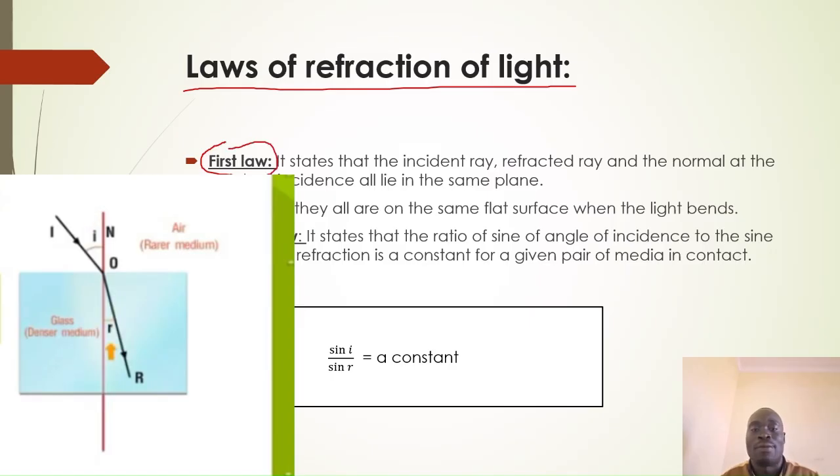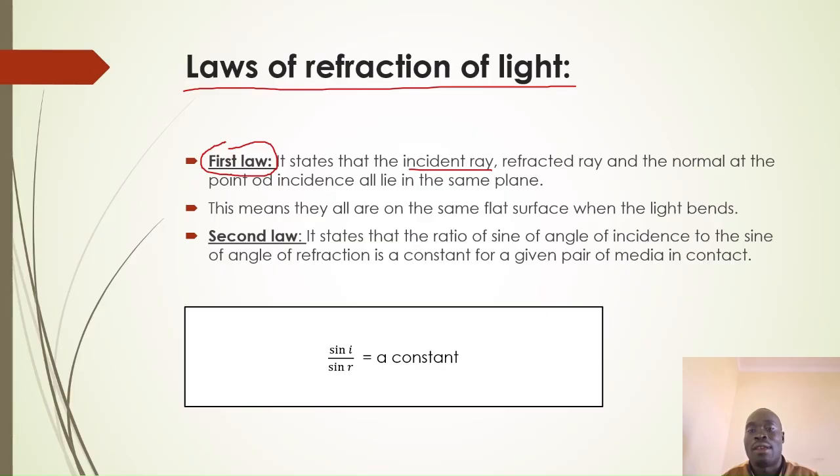It states that the incident ray, the refracted ray, and the normal at the point of incidence all lie in the same plane. This means that they are all on the same flat surface when light bends.